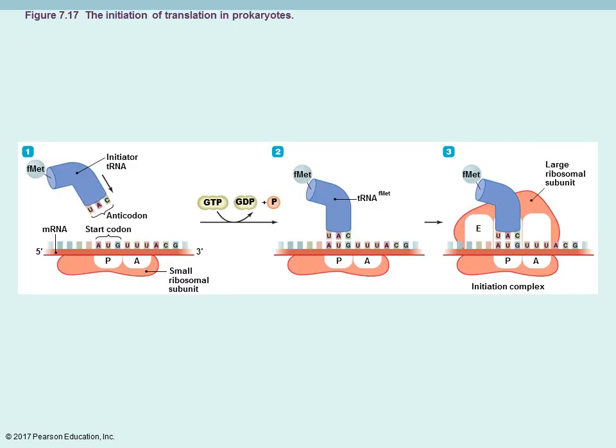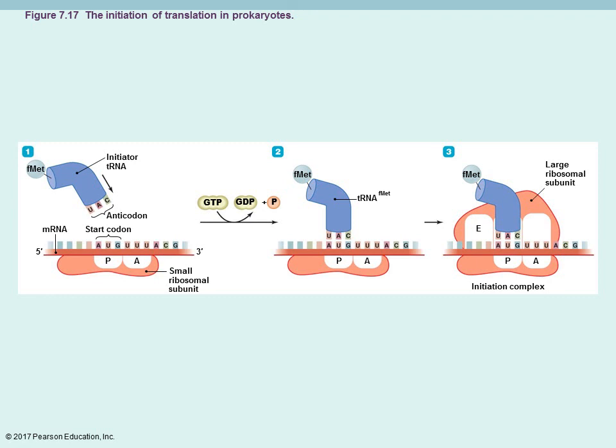If we look at initiation, that is, as the name implies, the beginning steps. The mRNA is going to bind to the small subunit of the ribosome. The very first tRNA, which is always carrying the amino acid methionine, comes in. The first figure shows the base sequence. The start codon, remember, was AUG.